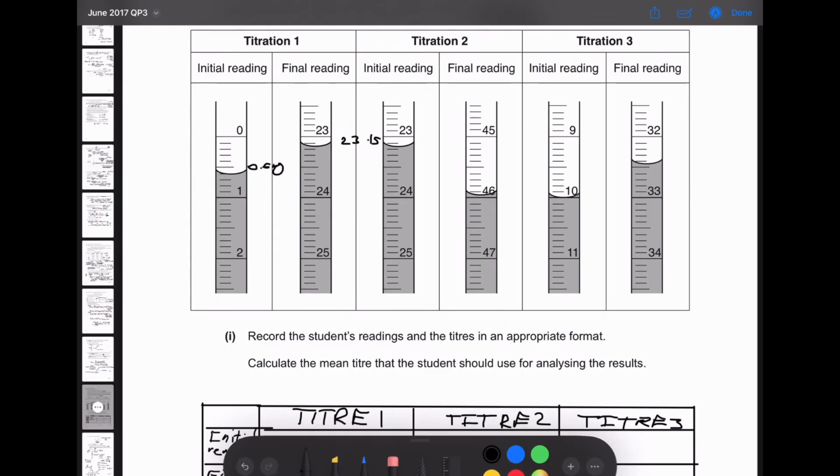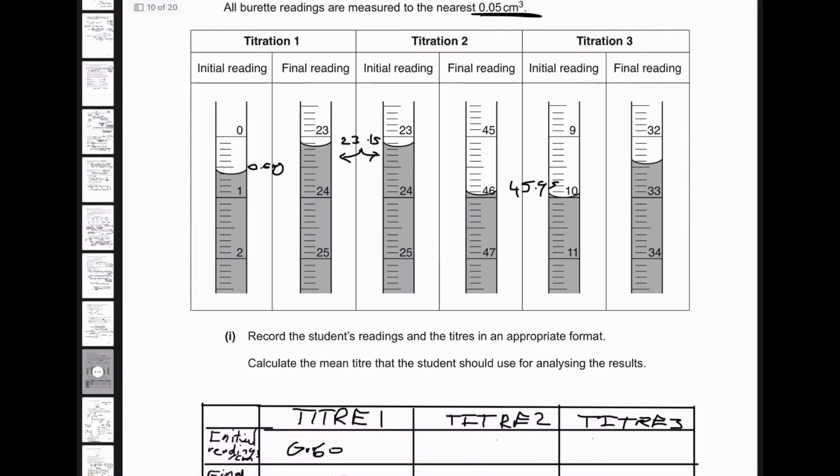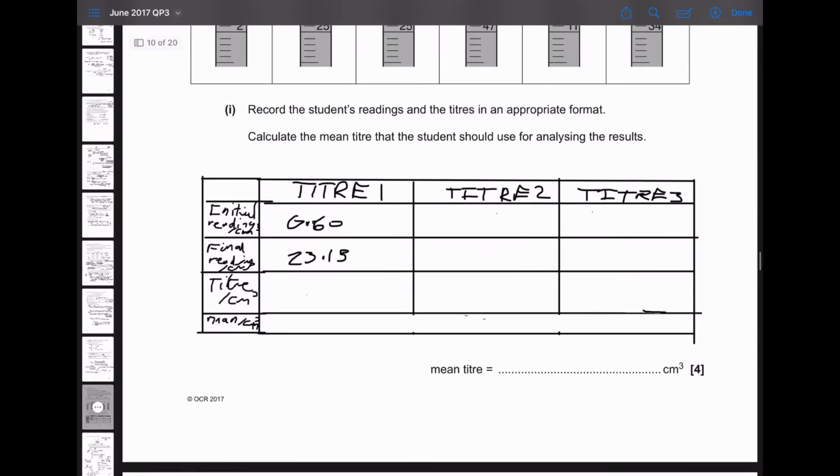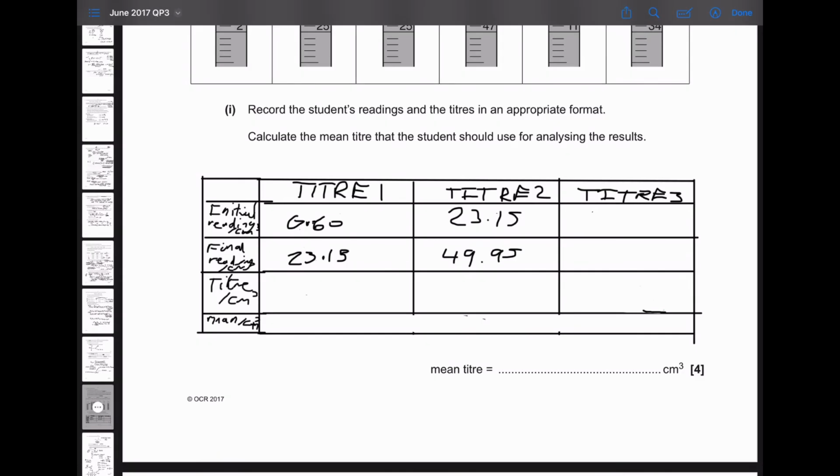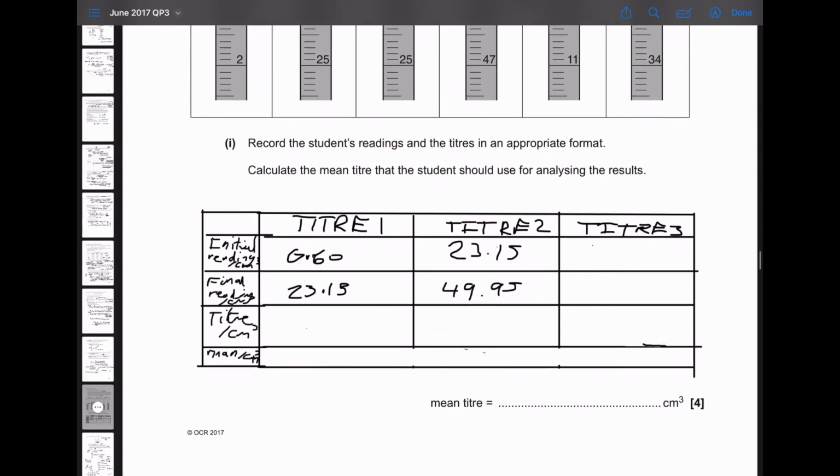Titer 2 starts at the same again, 23.15. And then it goes down to 45.95. So it was 23.15 down to 49.95. No, 45.95 I think it was. Yeah, it was. 45.95.